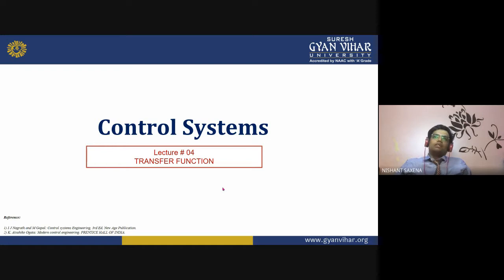How we can convert a transfer function into a signal flow graph, and what is Mason's gain formula. Apart from this, we will also see one example over the block diagram reduction technique which we studied in the last lecture. So let's start.